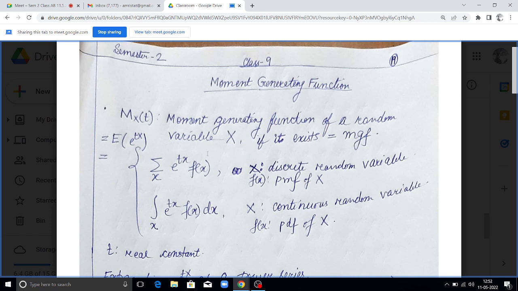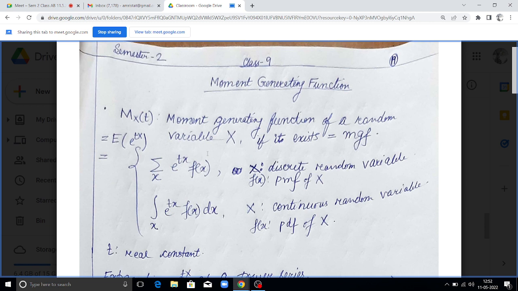At the point of a column there is a rise, again there is a space and again there is a rise. That is why at isolated points of x we get some masses, and that is why it is called the probability mass function.